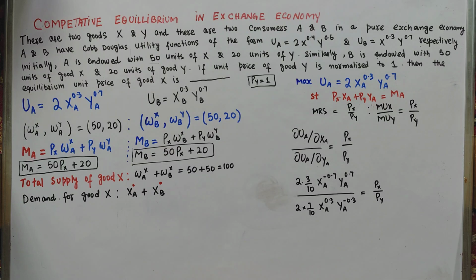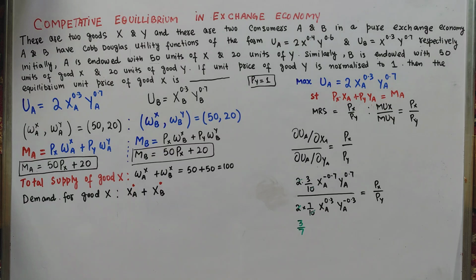Here we can do some cancellation. 2 and 2 will get cancelled, so we have 3 upon 10 upon 7 upon 10, so 10 also gets cancelled. We are left with 3 upon 7. If I transpose YA to the numerator, it will get multiplied with this YA.